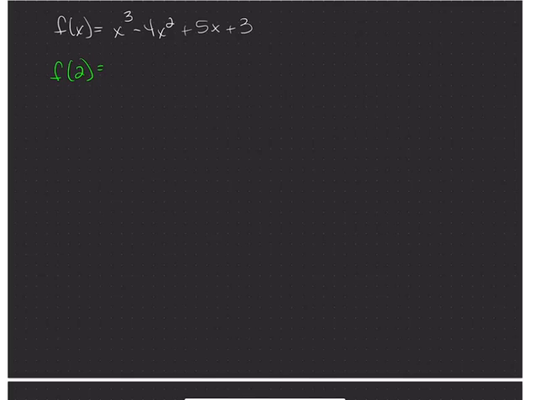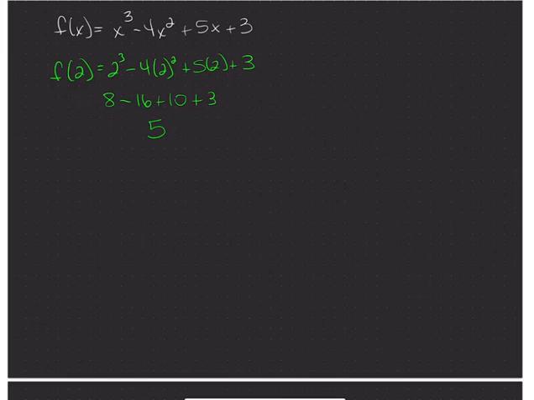So this would have been 2 to the third minus 4 times 2 squared plus 5 times 2 plus 3. 2 to the third is 8. 2 squared is 4. 4 times 4 is 16, so minus 16. 5 times 2 is 10, plus 3. 8 minus 16 is going to give you negative 8. Negative 8 plus 10 is a positive 2. Positive 2 plus 3 is going to give you a 5, right?